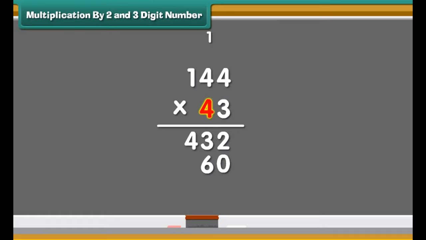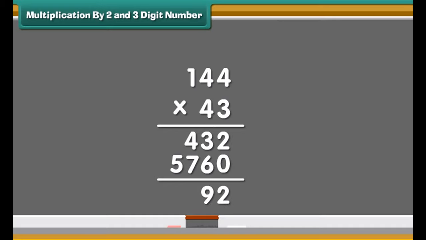Multiply 4 with the number 4 on the tens and add 1 which was carried forward. Write 7 in the hundreds place and carry the 1 forward to the thousands. Multiply 4 with the number 1 on hundreds and add 1 which was carried forward. Write 5 in the thousands place.